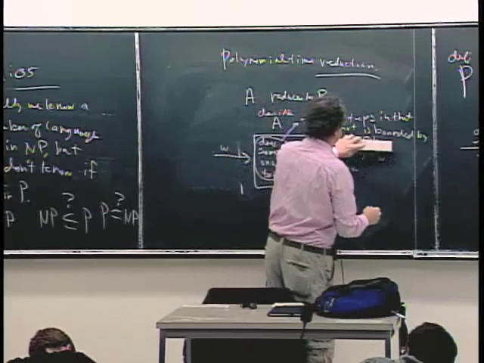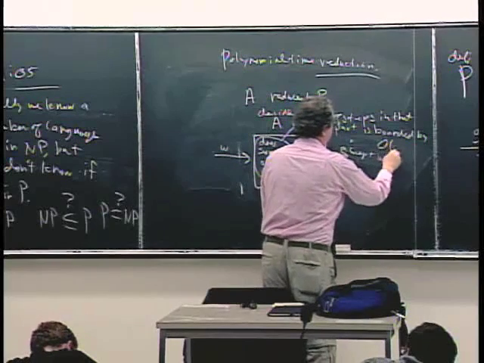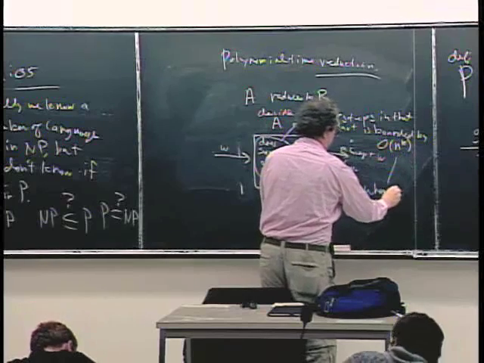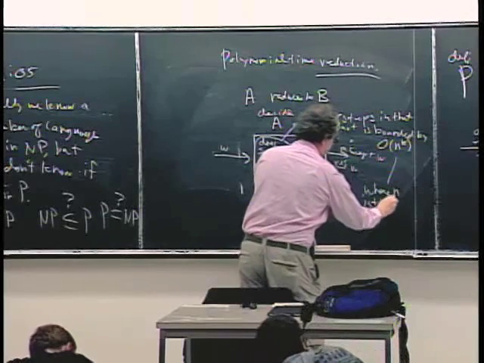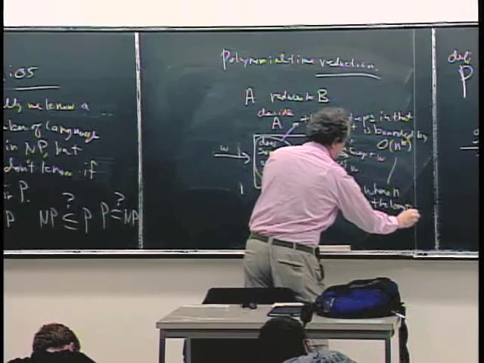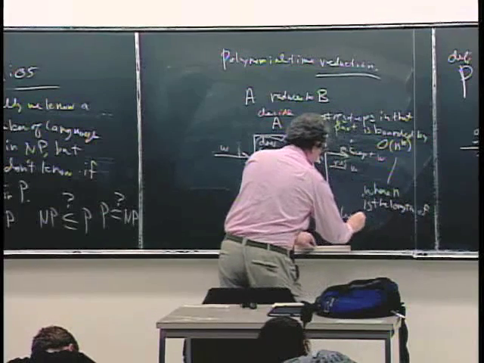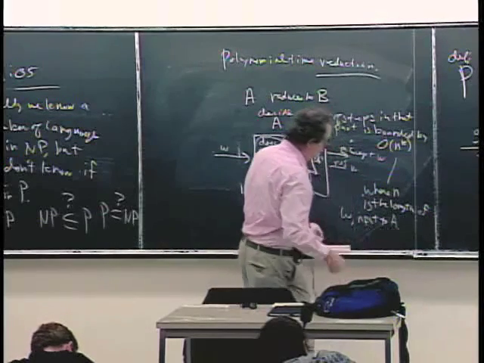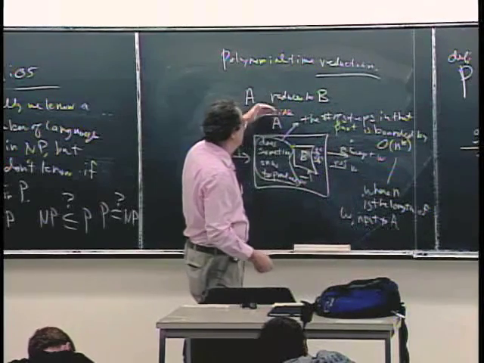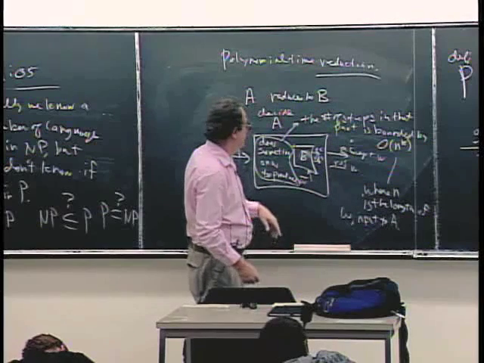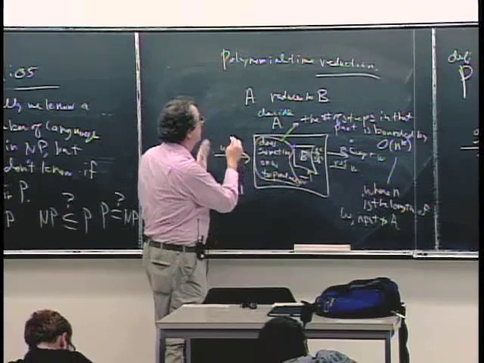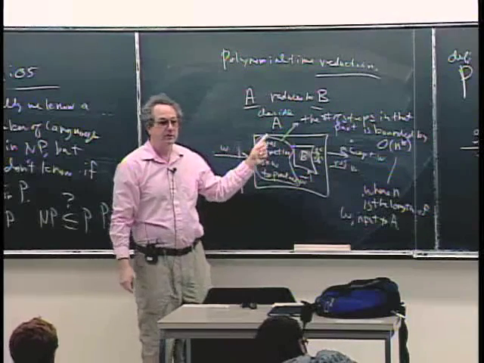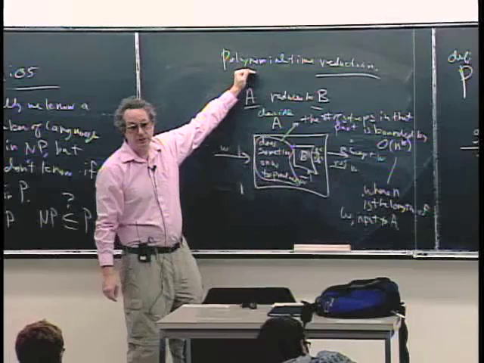Well, it's bounded by n to the k, where n is the length of W, that is the input to language A. Input to the Turing machine that we're going to be building for A. So now we're saying, yes, we reduce language A to B, but we better do it fast. Okay? And that's what a polynomial time reduction is.